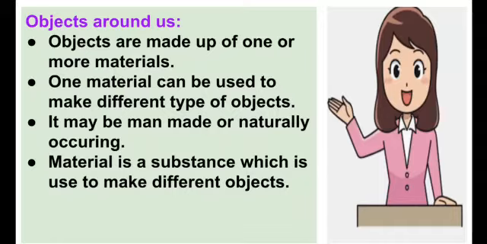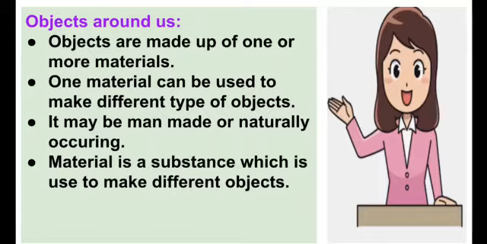Objects may be man-made or naturally occurring. Man-made objects are like toys, a luxurious car, a sofa, a chair. And if we get coal, or some metals, they are natural.